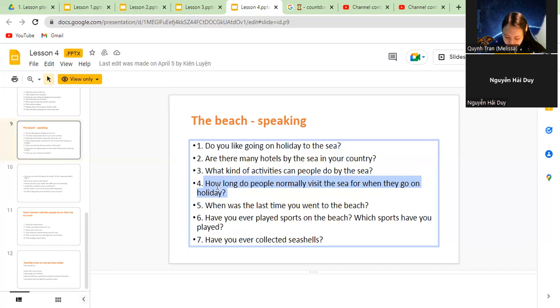In my opinion, in my area, they normally spend 3 days to visit the sea on their holiday, because in 3 days they can have much time to enjoy anything they like with their family.